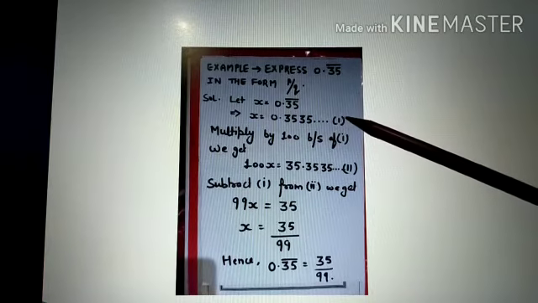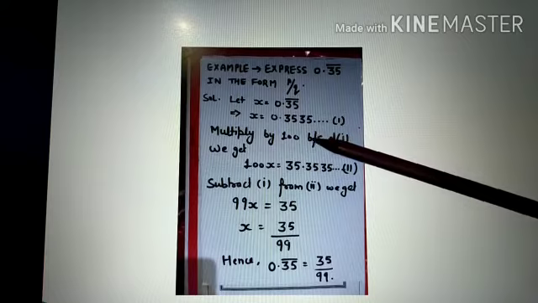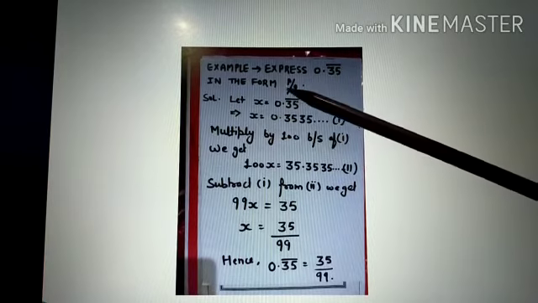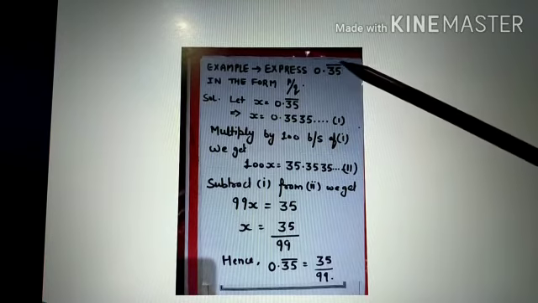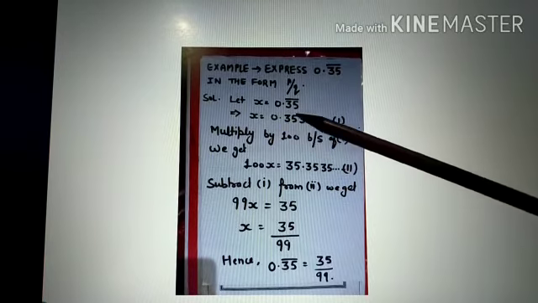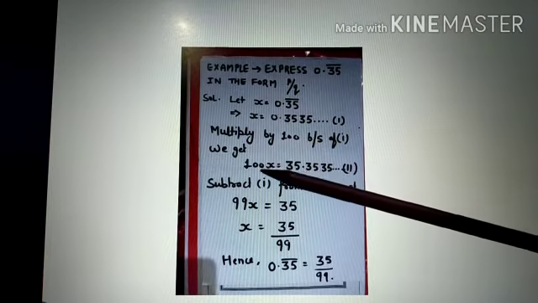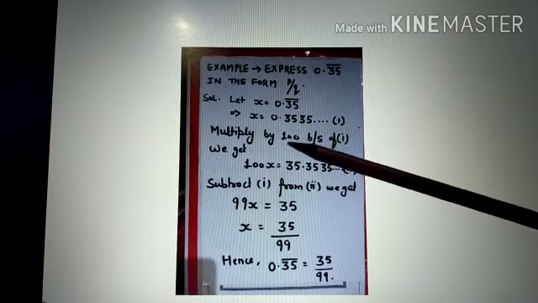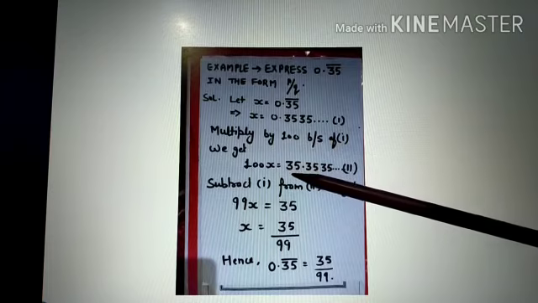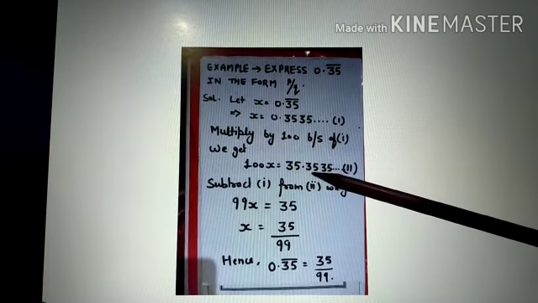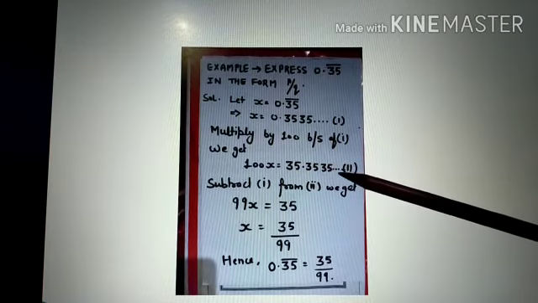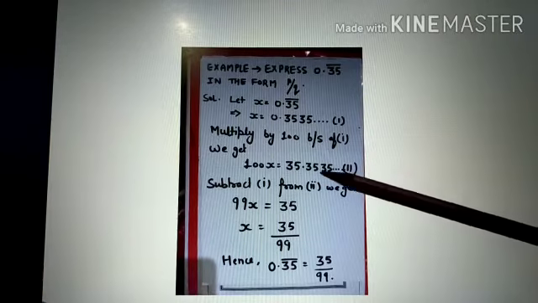We will name this equation number 1. As we know that the bar is on 2 digits, so we have to multiply equation 1 by 100 and we get 100x is equal to 35.3535 and so on, and we will name this equation number 2.